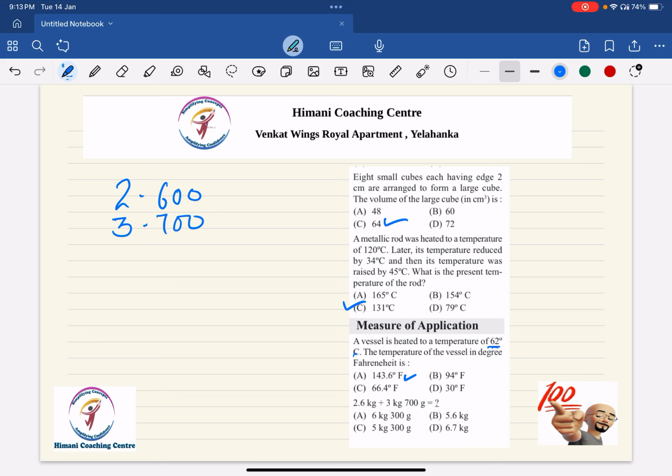Basically, the zeros do not matter, but just for understanding, we are writing like this. Now let us add. These zeros we can ignore, after decimal the zeros have no value. Now 6 plus 7 is 13, 1 carry over, 2 and 1 is 3, 3 and 3 is 6. So the answer should be 6 kg 300 grams, which is A.